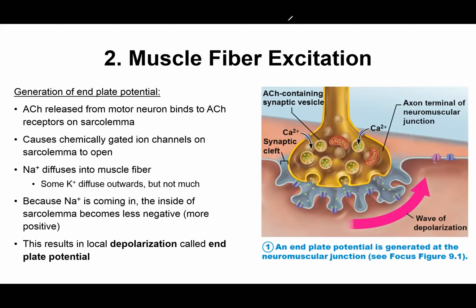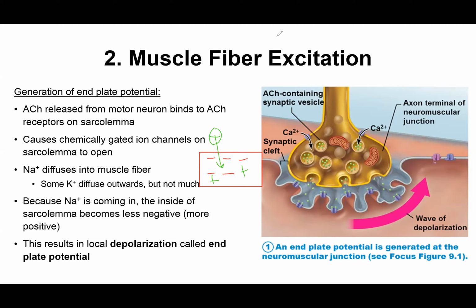So remember that I said for our muscle cells, we had a negative inside of the cell. If we have positive charge coming in, we're basically canceling out some of these negative charges, right?